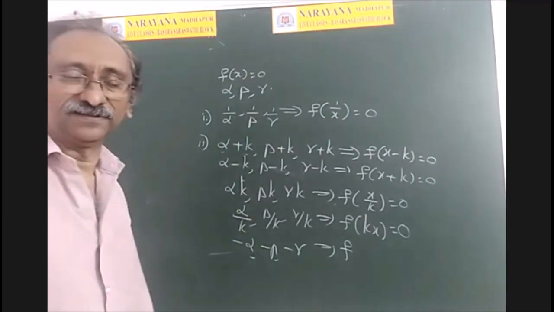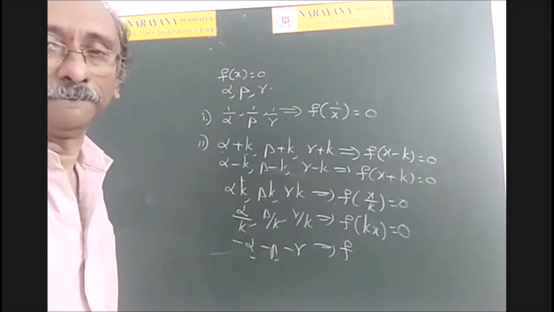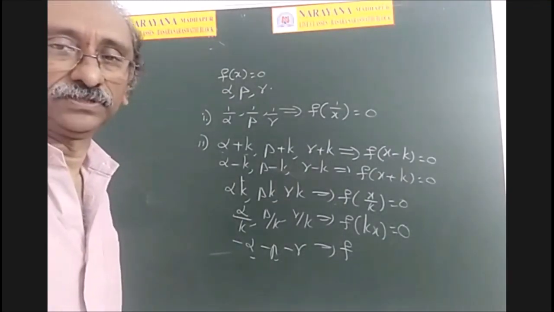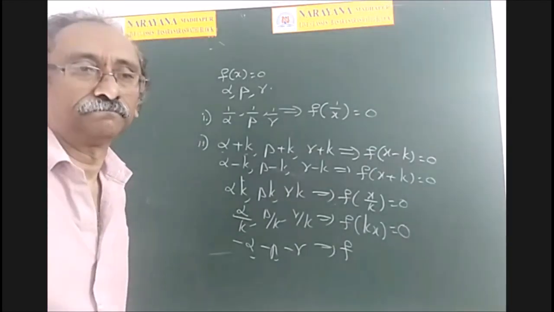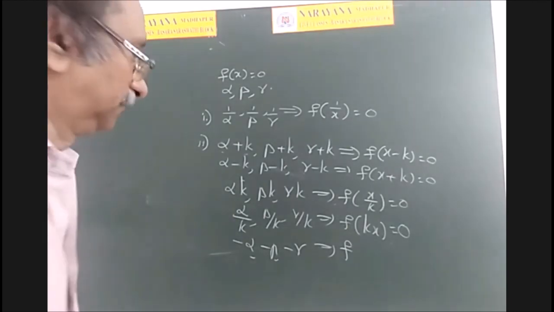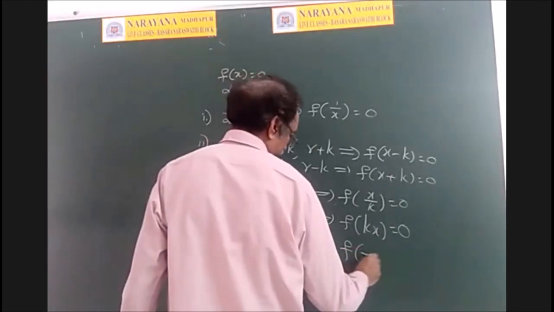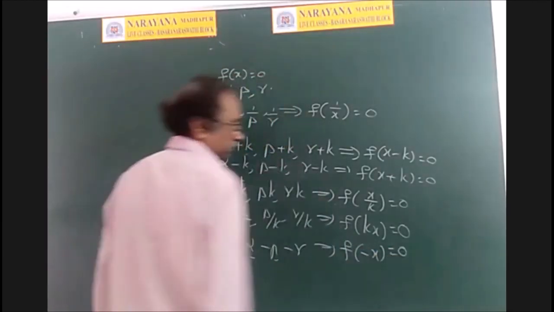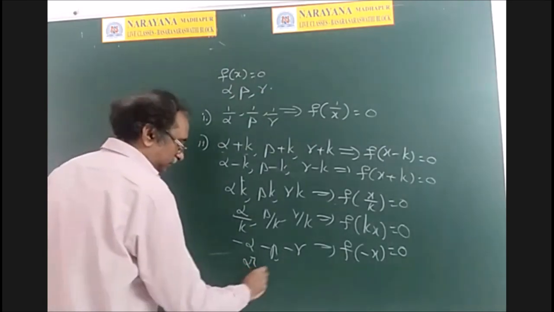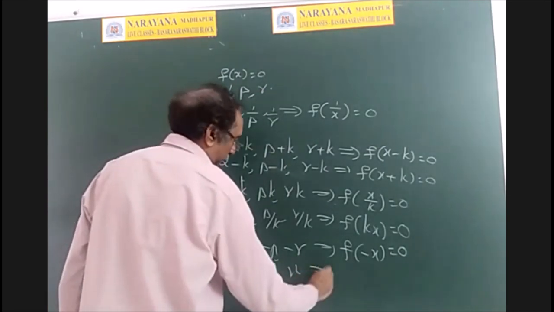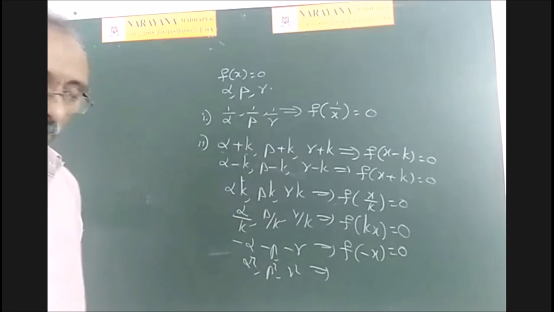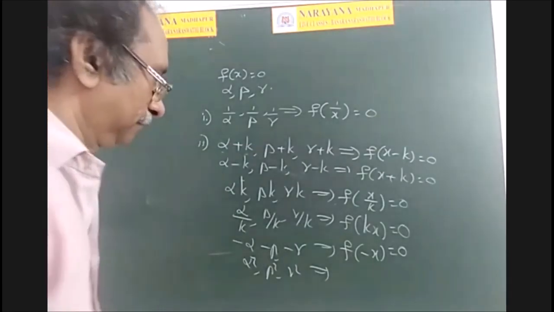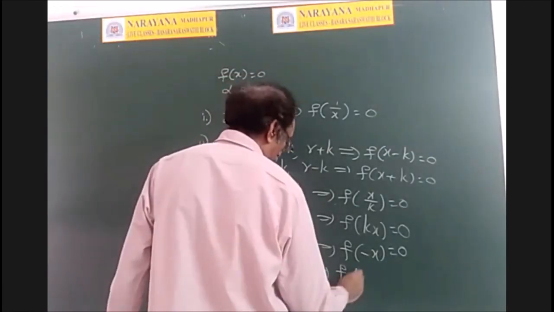Now somebody. Sriram: Sir, f of minus x. And alpha square, beta square, gamma square: f of square root of x. Very good. f of root x is equal to 0.